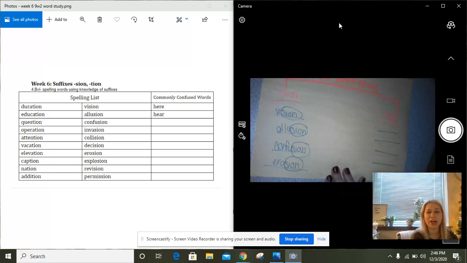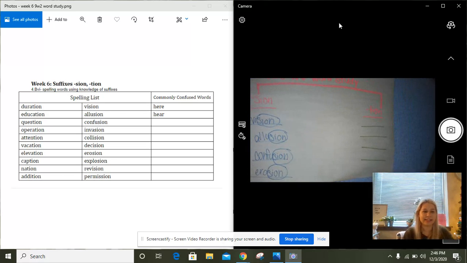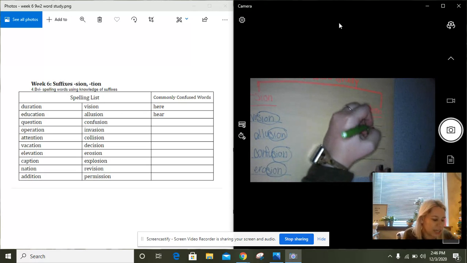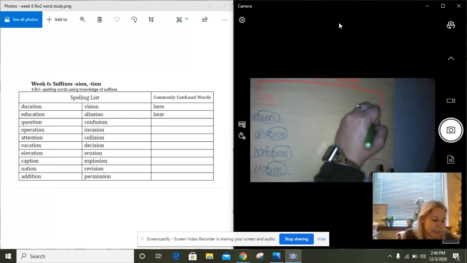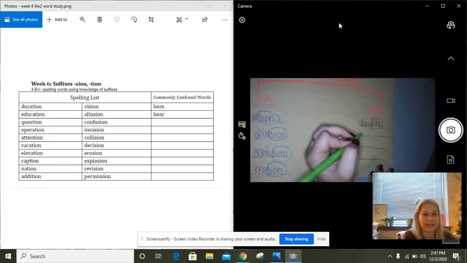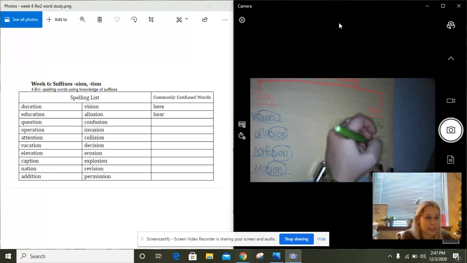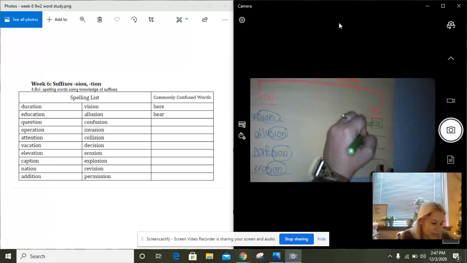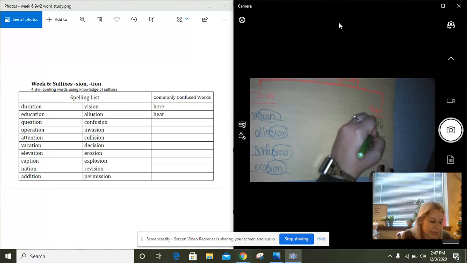Okay, now let's look at our TIONs. We have duration, TION. I'm going to box my TIONs. Let's look at education, education. Box our TION.